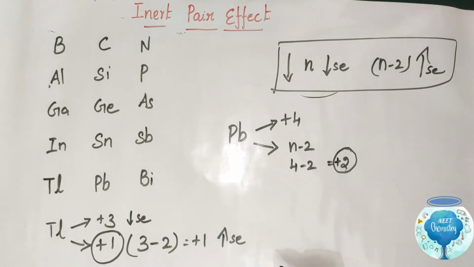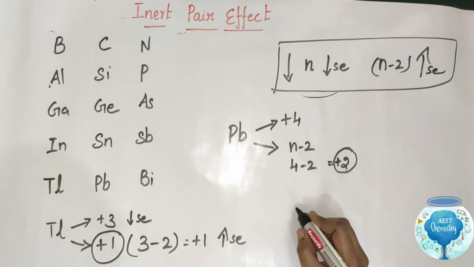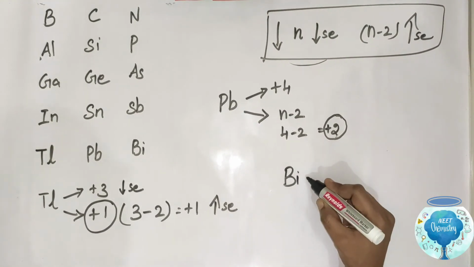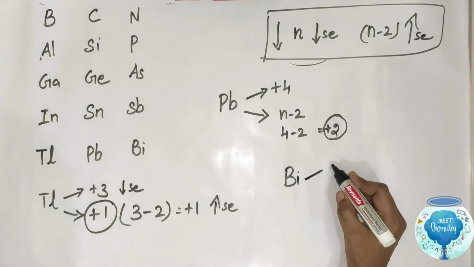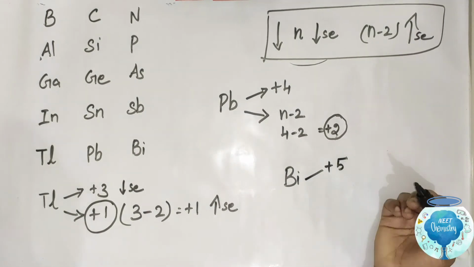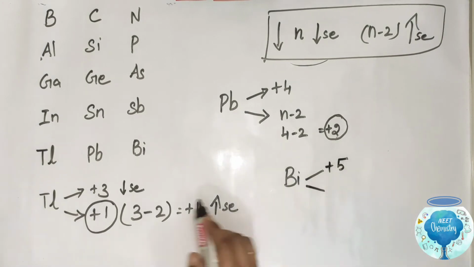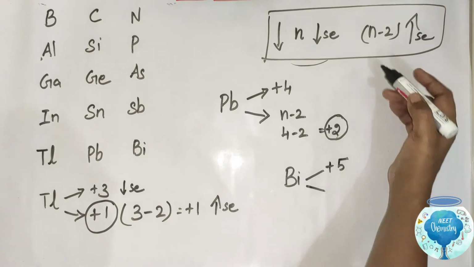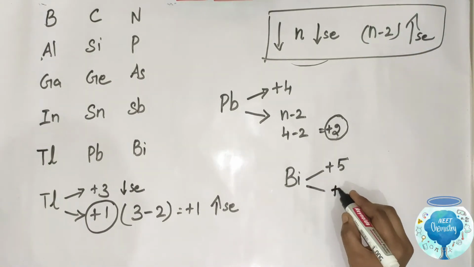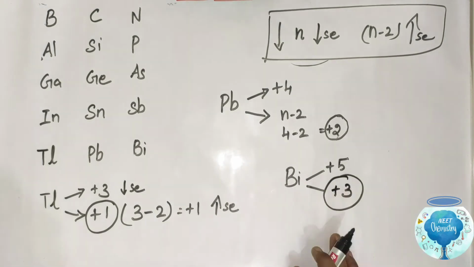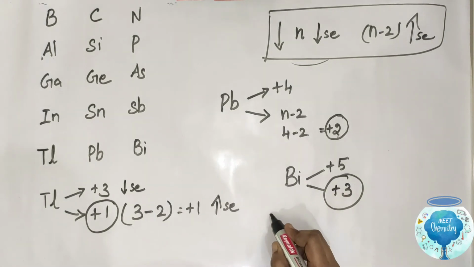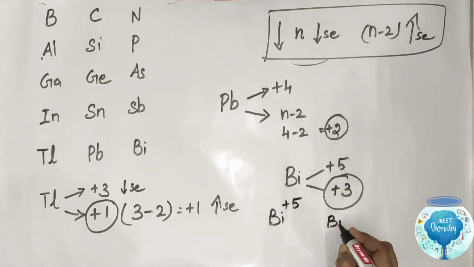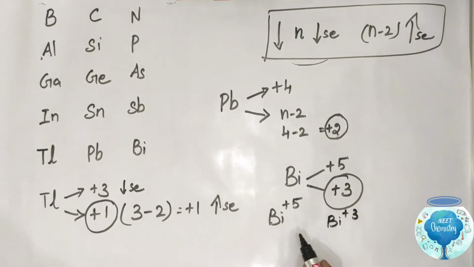In the nitrogen family, take bismuth. The outer shell of bismuth has 5 valence electrons. For the post-transition heavier element, the oxidation state is +5 minus 2, which is +3. So bismuth has the oxidation state +3. Comparing the two oxidation states, +5 and +3, which is more stable?